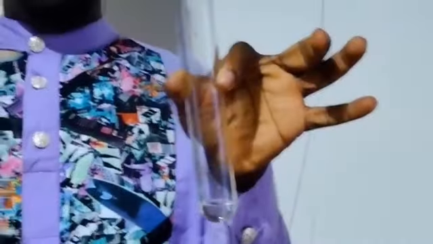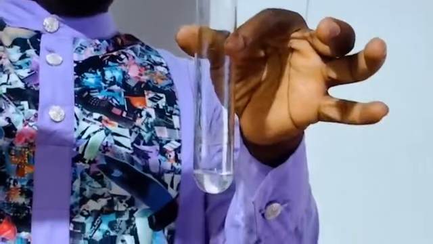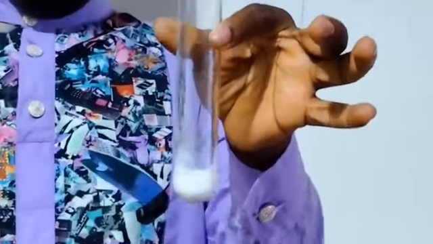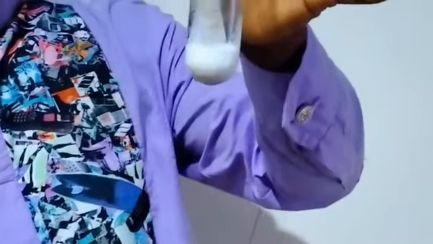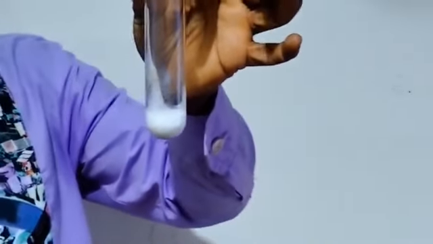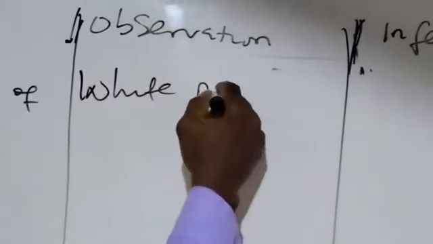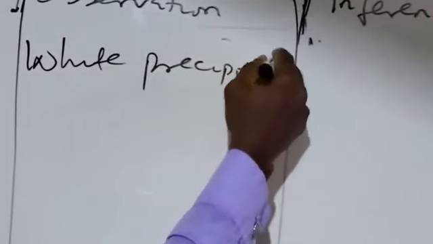This is our lead nitrate. Let's see what will happen. We have a white precipitate formed inside it. So we write observation: white precipitate formed.